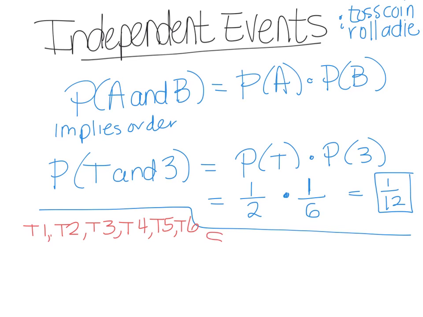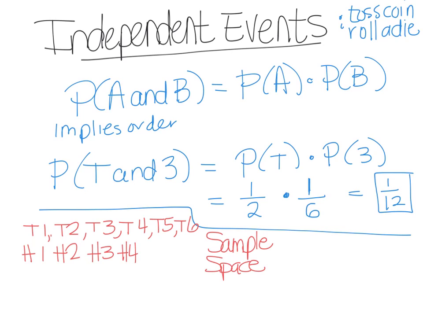So I'm doing a sample space where you list all the possible outcomes of tossing a coin and rolling a die and recording the result of each. The other possible outcomes are heads with 1, heads with 2, heads with 3, heads with 4, heads with 5, and heads with 6. So that's my complete sample space.